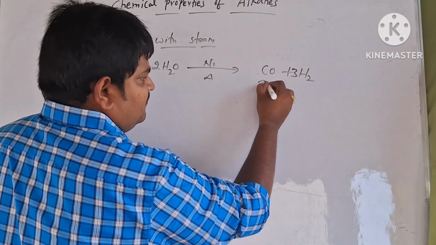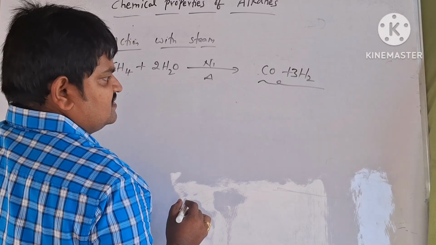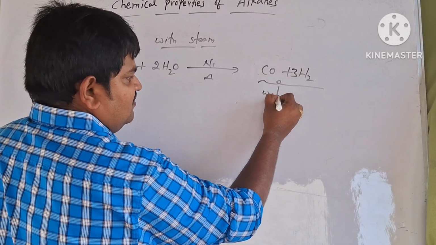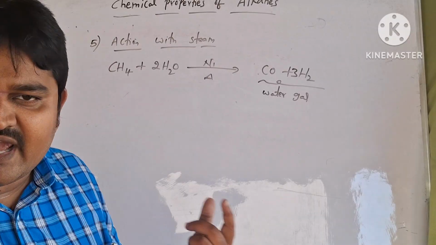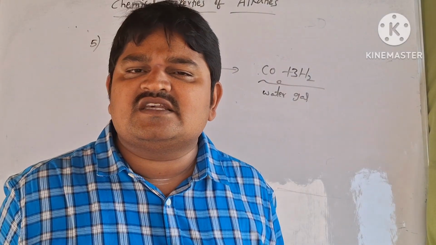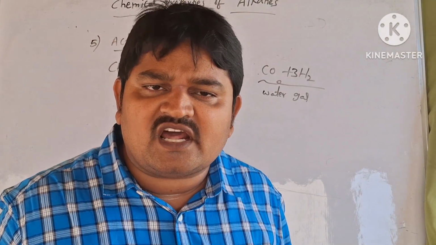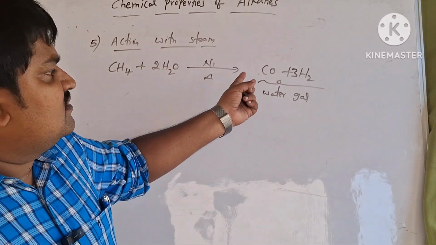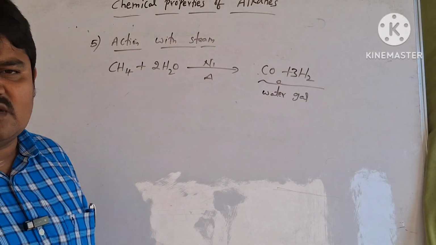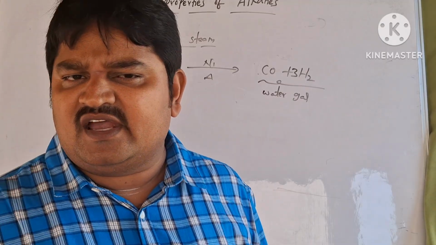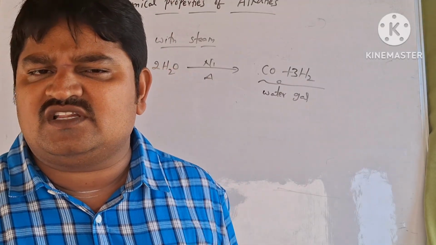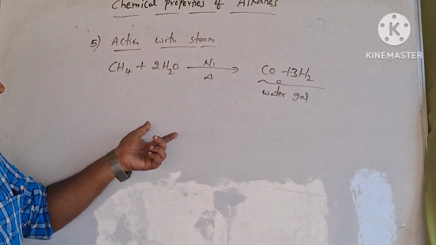The combination of carbon monoxide and hydrogen gas is named water gas. What is the formula for water gas? Here the water gas is a combination of carbon monoxide and hydrogen gas. It is also named synthesis gas. Synthesis gas and water gas both have the same formula. The combination is carbon monoxide with hydrogen gas.